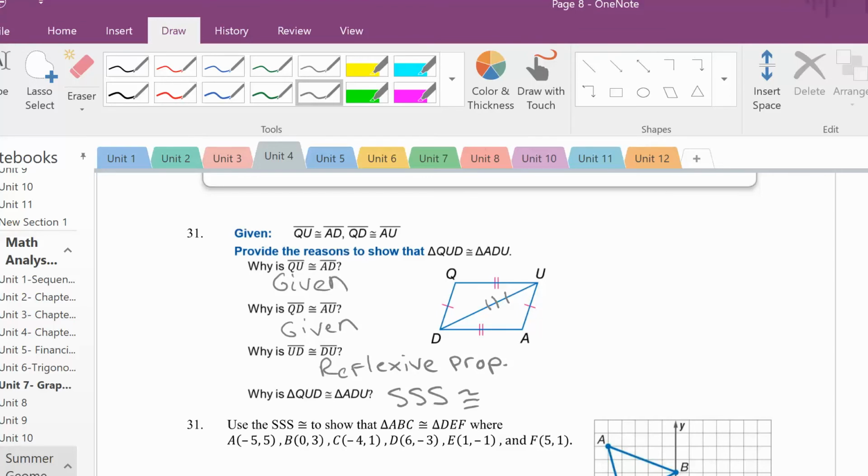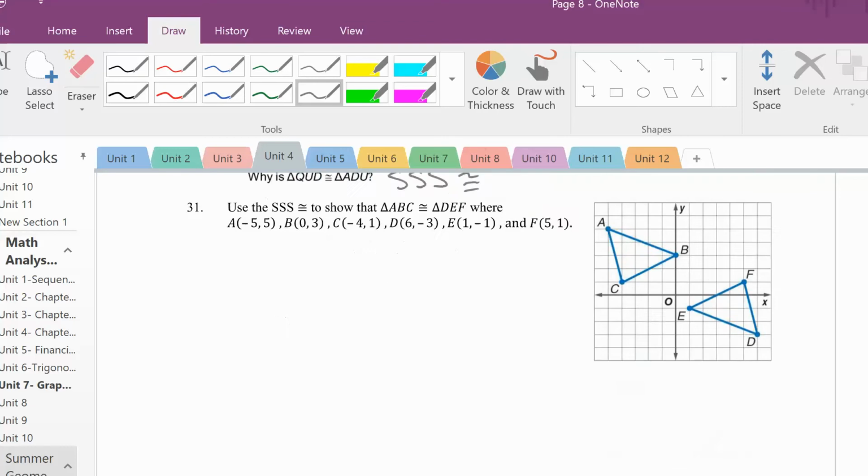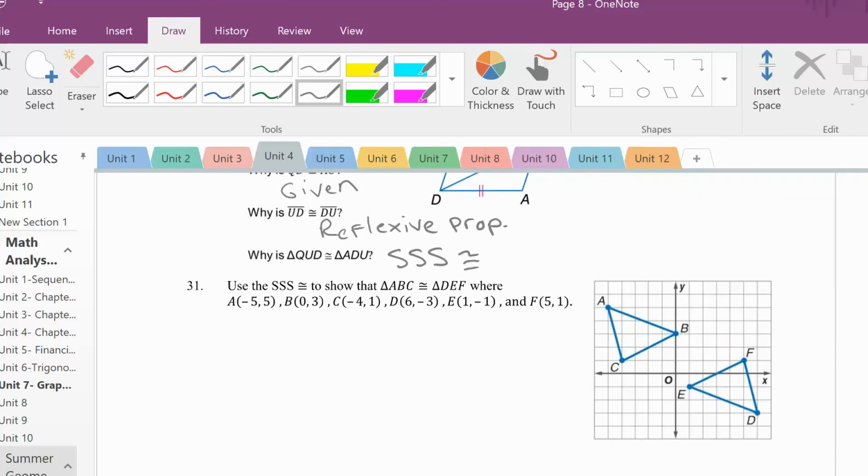So 31 says use the side-side-side congruence to show that triangle ABC is congruent to triangle DEF, where it gives you the coordinates for each vertex. So what you have to do is find the length of each segment. So you have to find AB, so you're going to have to do the distance formula. So remember the distance formula is x2 minus x1, so 0 minus negative 5 squared, plus y2 minus y1.